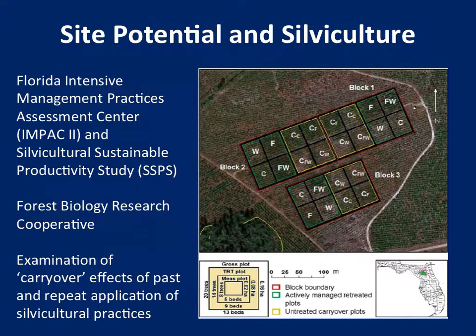The CF (subscript F) or CFW are carryover treatments where they received fertilization or fertilization plus weed control in the first rotation. In the second rotation, they've just been planted on their beds in the same location as where they were in the first rotation.